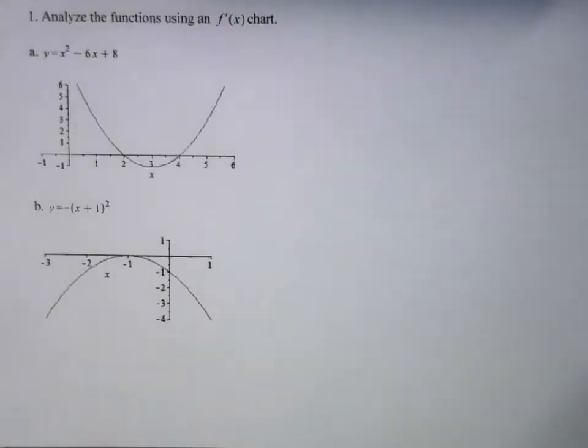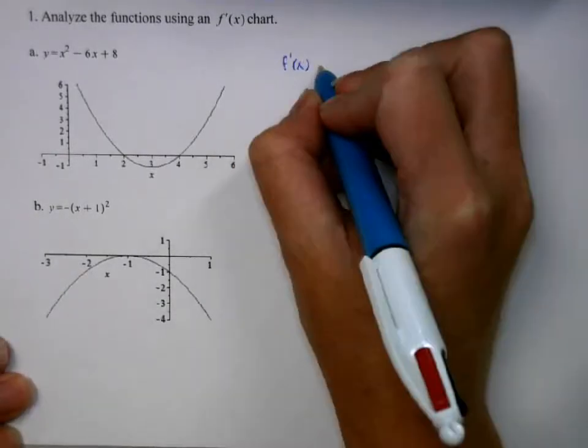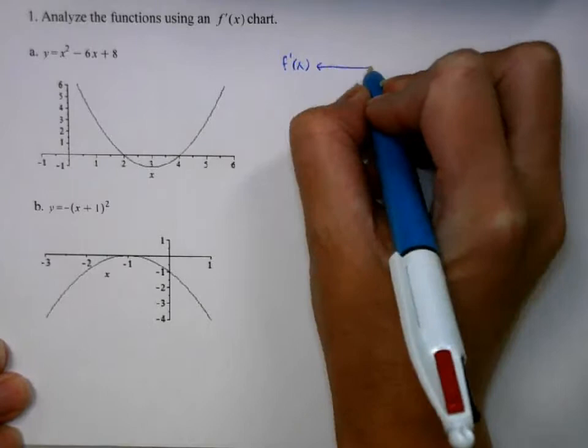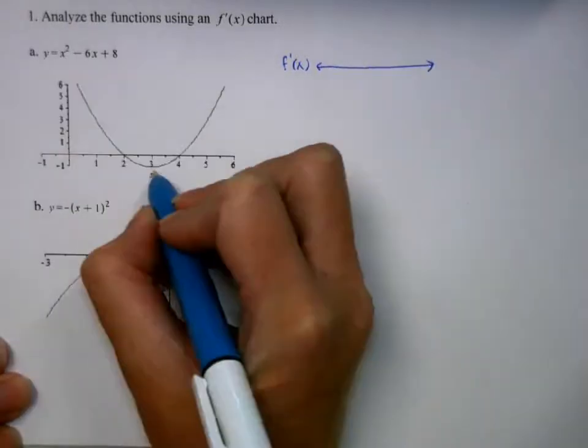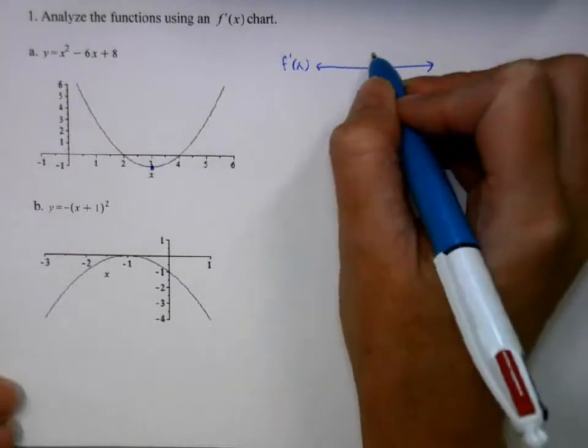A tool that we're going to be using is an f prime chart, a chart that will tell us what's happening with the graph. So f prime is our derivative, so it's going to tell me where my graph is increasing and decreasing. On this graph here, my slope would be 0 at 3.